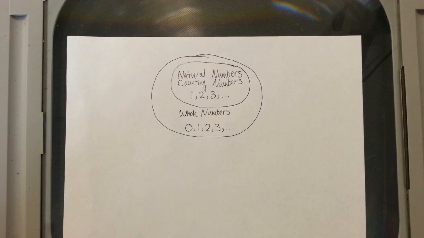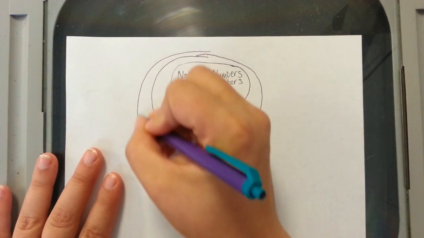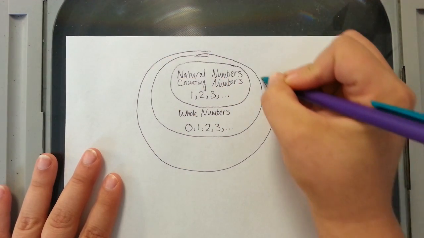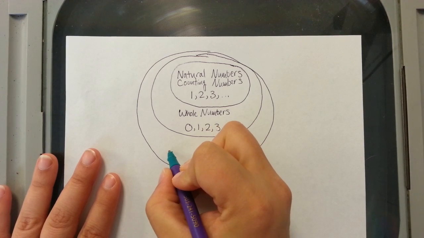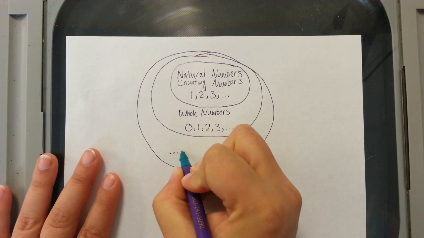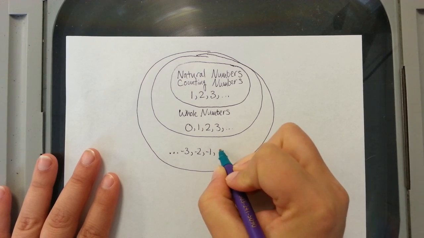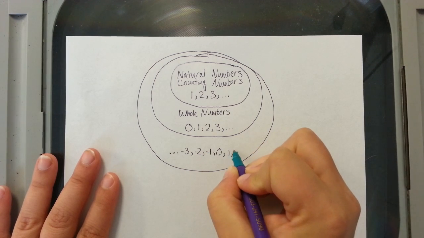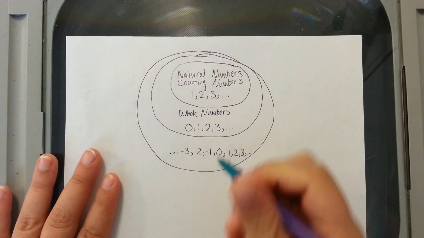All right, so the next set is going to include all of the natural numbers, all of the whole numbers, and also will now include the negative numbers. So like -3, -2, -1, 0, 1, 2, 3, in all directions.